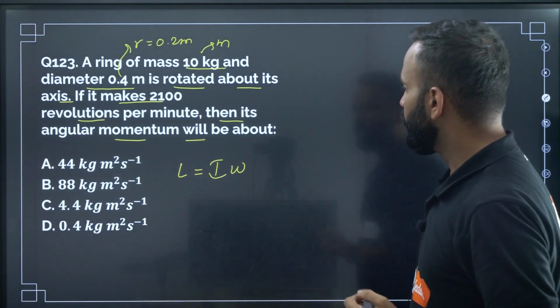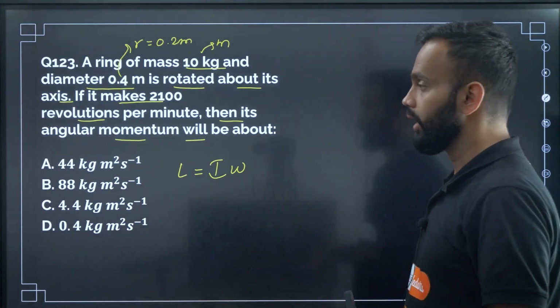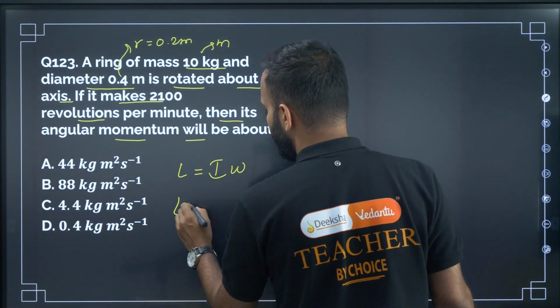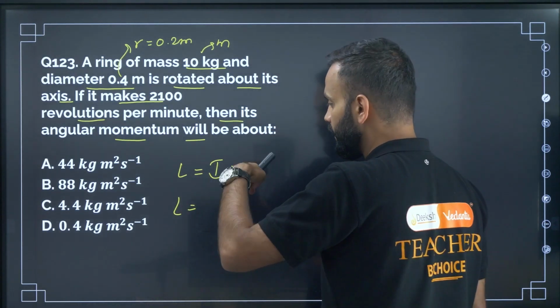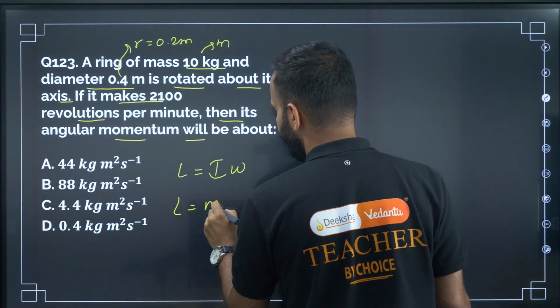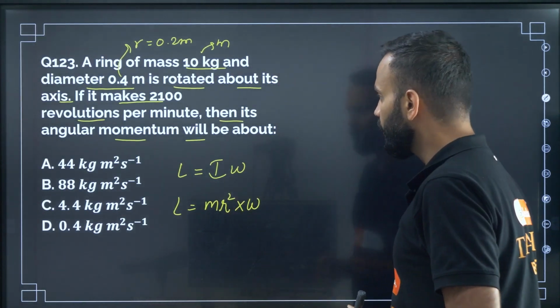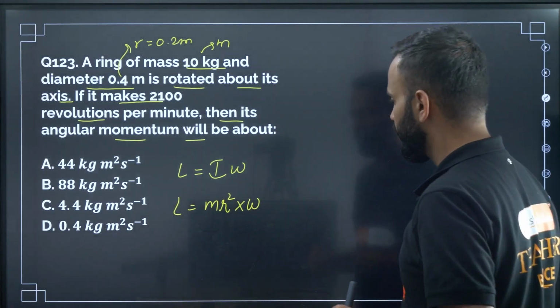What is the moment of inertia of the ring about which axis? About the center of the ring. Now L equal to moment of inertia of the ring about its center, m r square, into omega. We know m, we know r, so we need to find the value of omega.